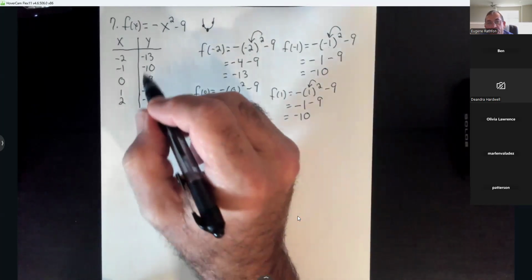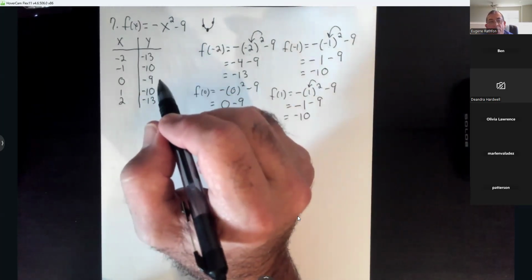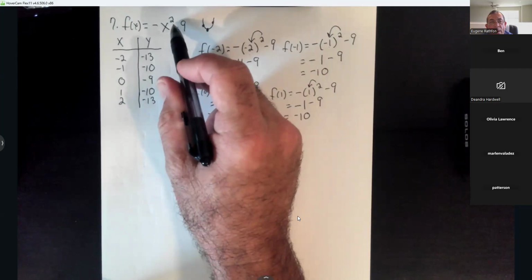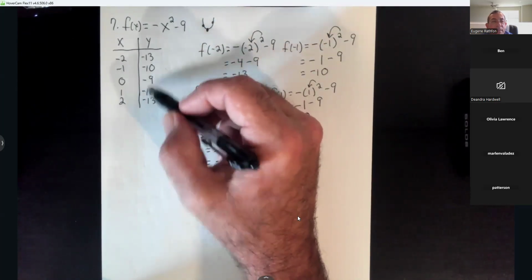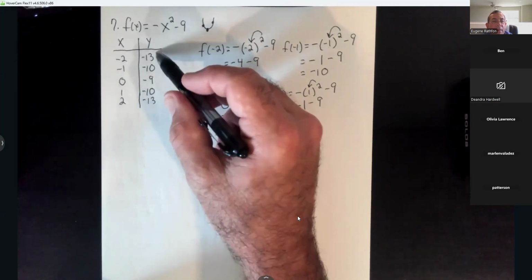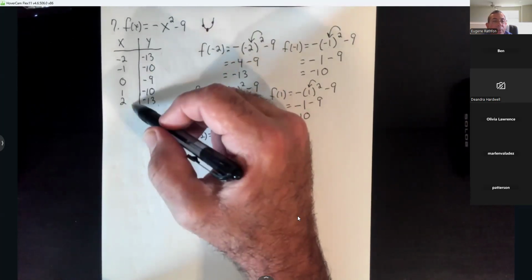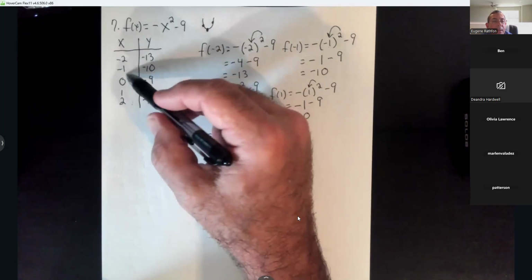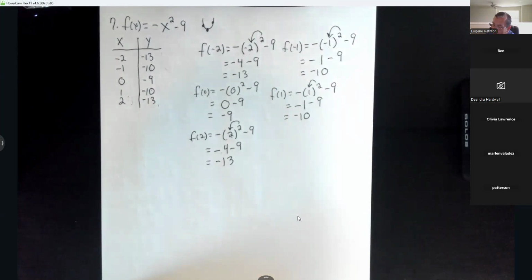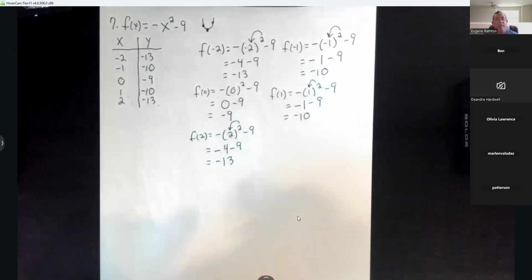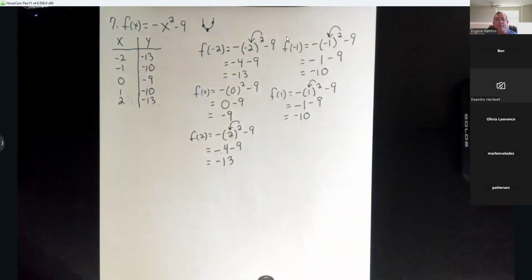So on number 6 with the absolute value, number 7 with the x squared graph, you should see some symmetry on these. See how I'm getting -13 on -2 and 2, -10 on -1 and 1, okay? All right, y'all, so I got my points. Let's go plot them in and then graph it.